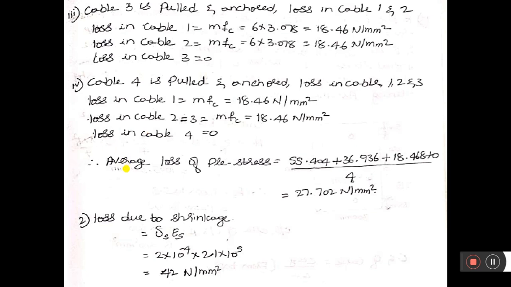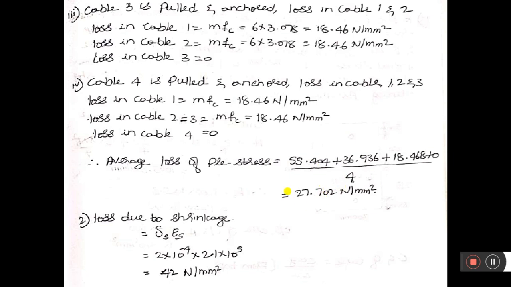Therefore, average loss of prestress is equal to (55.404 plus 36.936 plus 18.468 plus 0) divided by 4. So average loss of prestress is equal to 27.702 Newton per mm square.